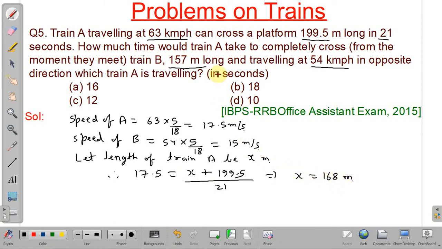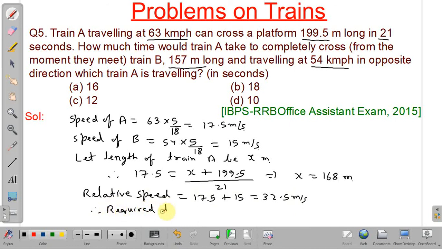Now, to cross the other train which is coming from opposite direction, we need to calculate the relative speed. As both are traveling in opposite direction, both speeds will be added. Relative speed equal to 17.5 plus 15 equal to 32.5 meter per second. Therefore, required time to cross each other will be equal to sum of length of the two trains.